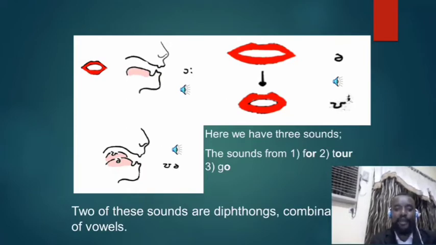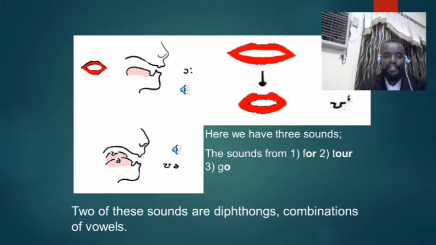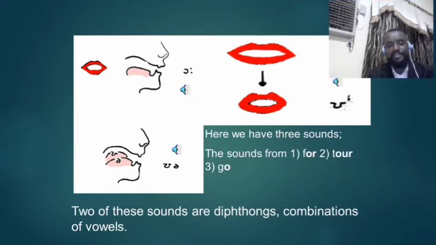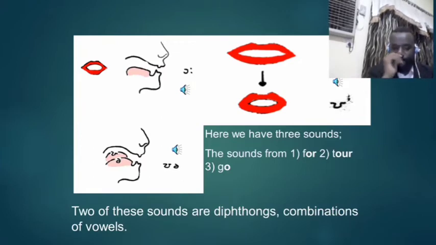For example, number one, number two, and number three. Also, two of these sounds are diphthongs, combinations of vowels. A diphthong means it combines two vowels in one sound, which we call a diphthong sound.